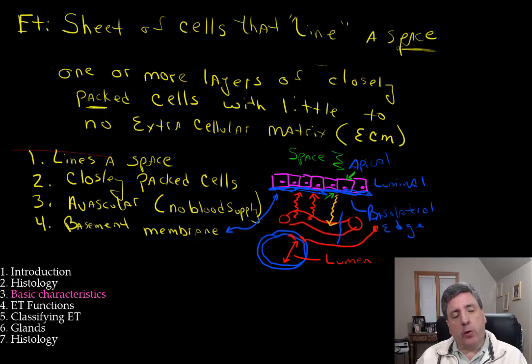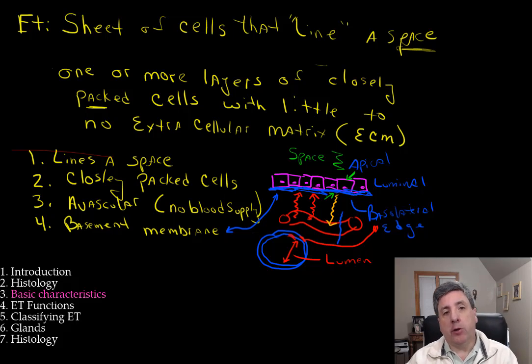So if you were to look at a cell and you have stuff inside the cell, that would be intracellular matrix. The stuff outside of a cell is the extracellular matrix. So if we have closely packed cells, there's really no space in here to consist of extracellular matrix.